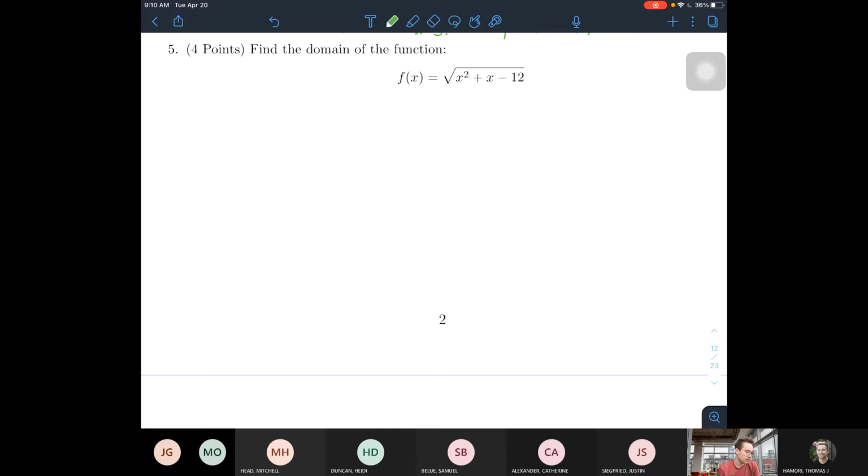Now, this is not a trigonometric function. This is just one of our typical functions from the first portion of the class.